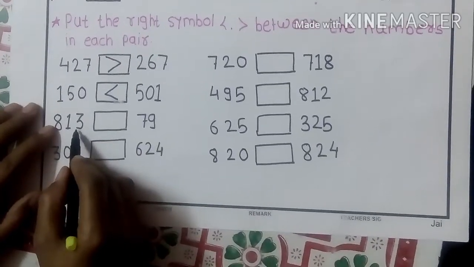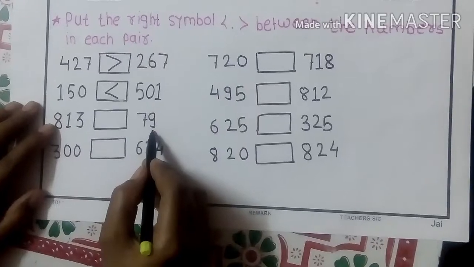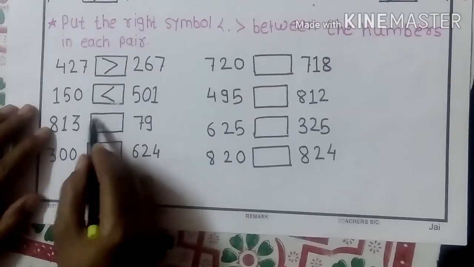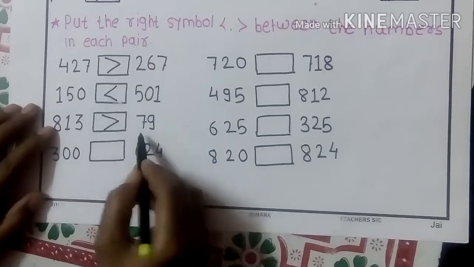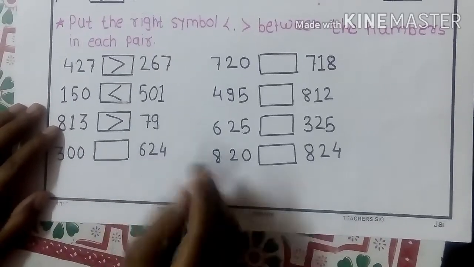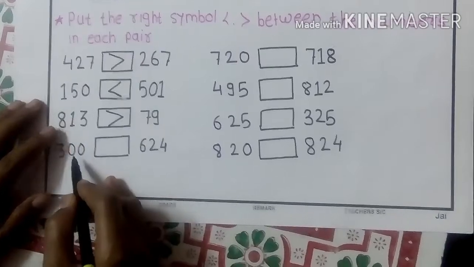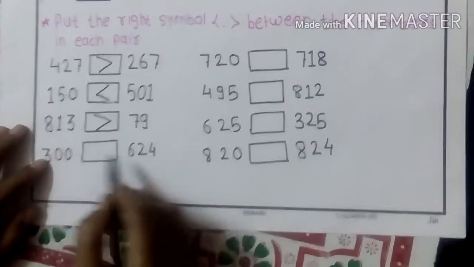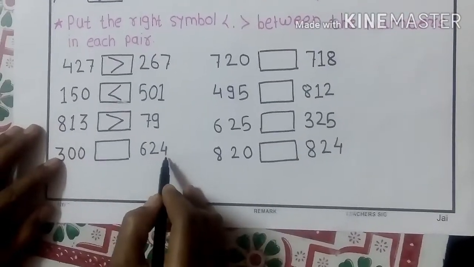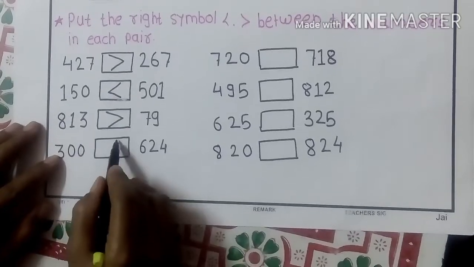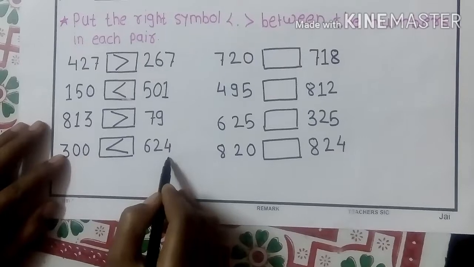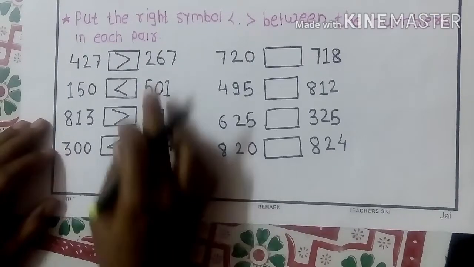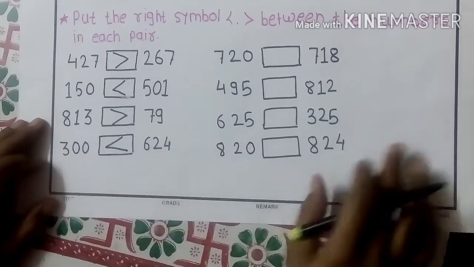A 3-digit number is always bigger than a 2-digit number. Therefore, we write here 813 is bigger than 79. Next example, 300 and 624. 300 is smaller than 624. Okay, do all of you understand these examples?